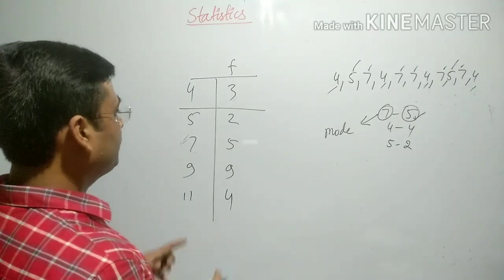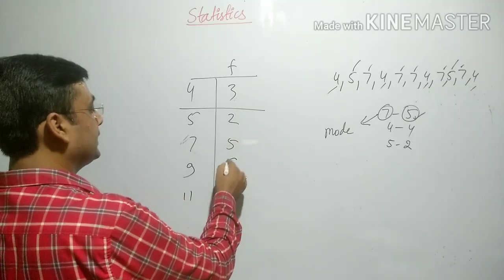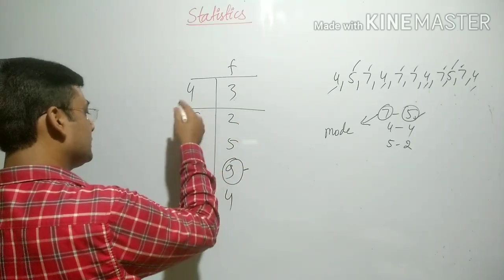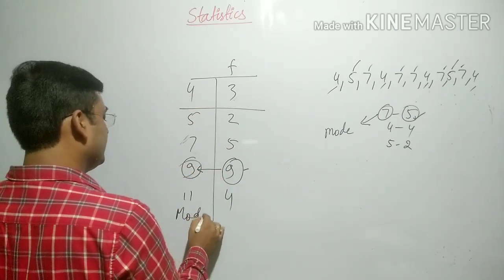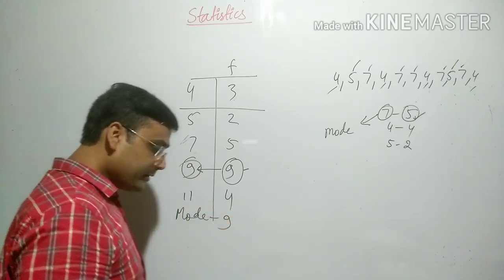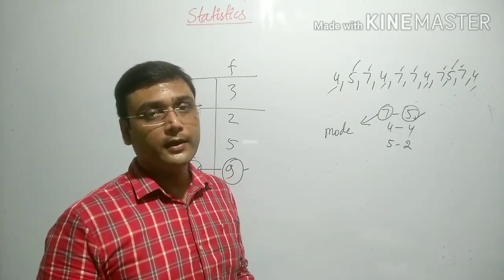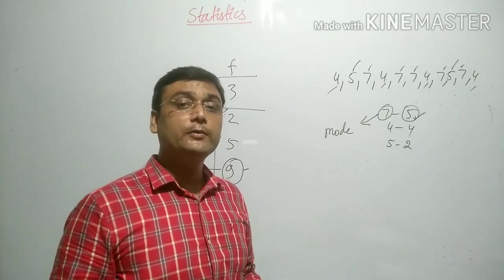So now if we have to find the mode of this, we will see which frequency is maximum. 9 is maximum. So mode for this given data will be 9. So whenever it will be raw data, it will be very easy to find the mode.